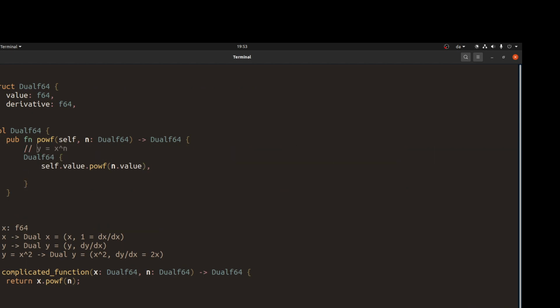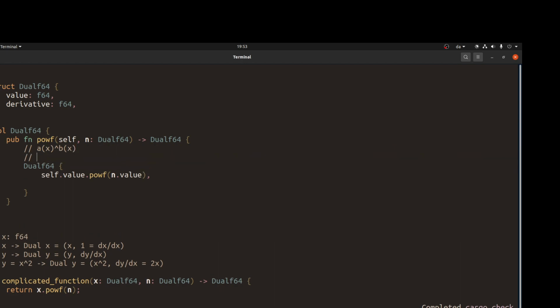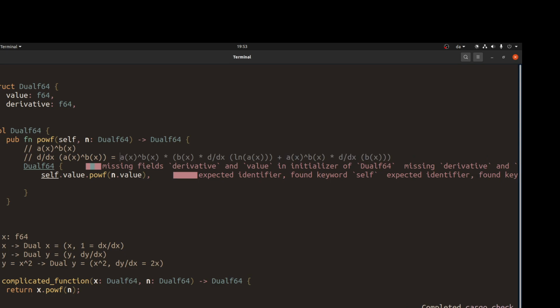So basically we want to calculate y equals x. Well, in general we don't really know what we're getting here. It doesn't have to be x, so it could be y. Or let's even call it a. So it could be a, which is a function of x, raised to the power of b, which is a function of x. So what is the derivative of that thing? The derivative of that thing should be equal to b times x.